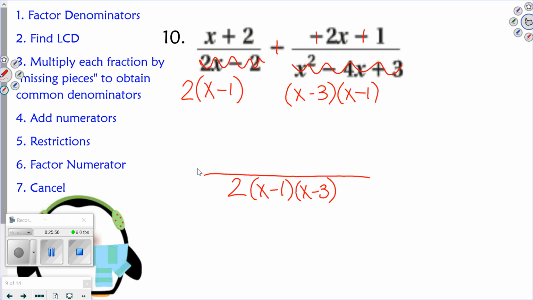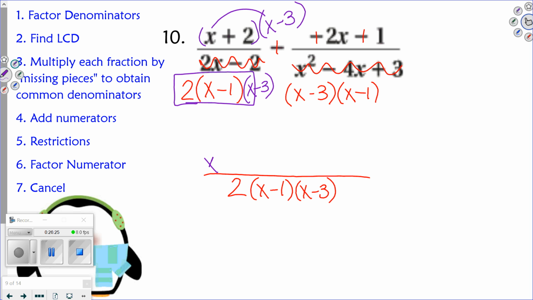All right, so what is this denominator missing to look like this? The x minus 3. So that means I have to multiply the top by x minus 3. How do you multiply that? The bad word? All right, so we need to distribute this.